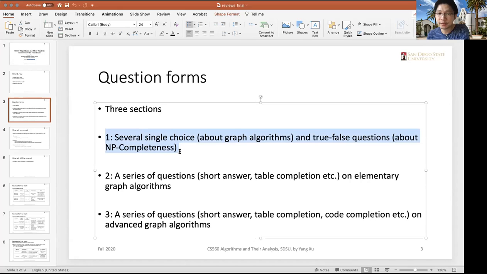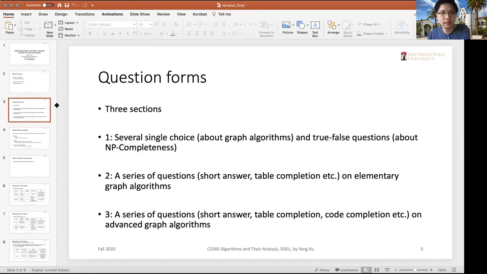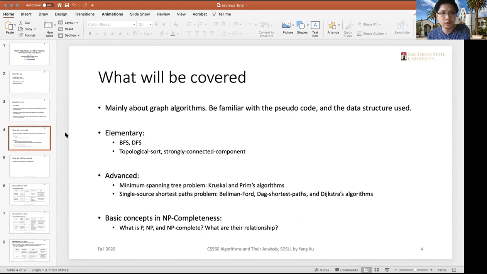And the second section will be a series of questions about elementary graph algorithms. And the last part is a series of questions about advanced graph algorithms. Okay, so the whole final exam is primarily about graph algorithms.